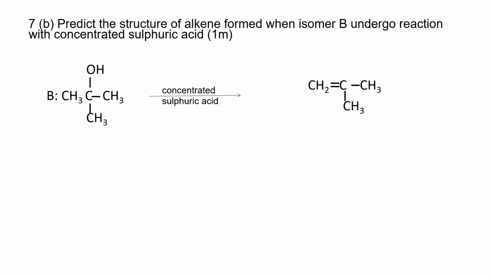7b, predict the structure of the alkene formed when isomer B undergoes reaction with concentrated sulfuric acid. As you know, alcohol with concentrated sulfuric acid gives an alkene. To get the answer, we can draw the structure, expanding all the carbon and hydrogen first.